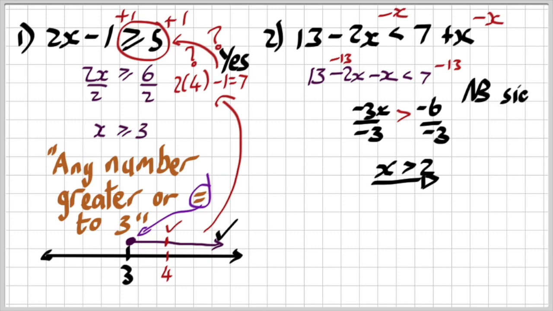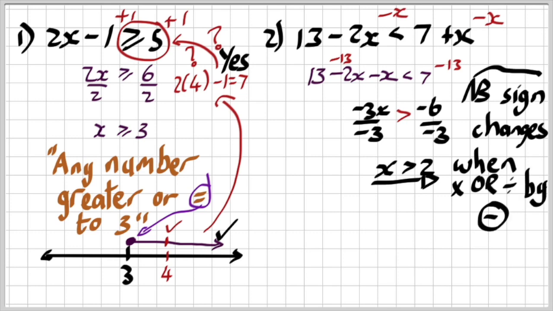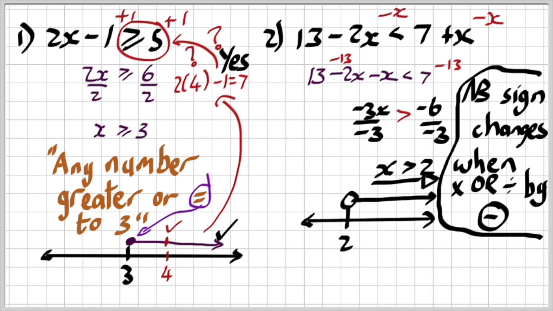So let's write down the rule. NB, the sign changes when you times or divide by a negative number. So on the number line, any number greater than 2, I am happy with. I'm not coloring in the 2 because it can't be equal to 2.